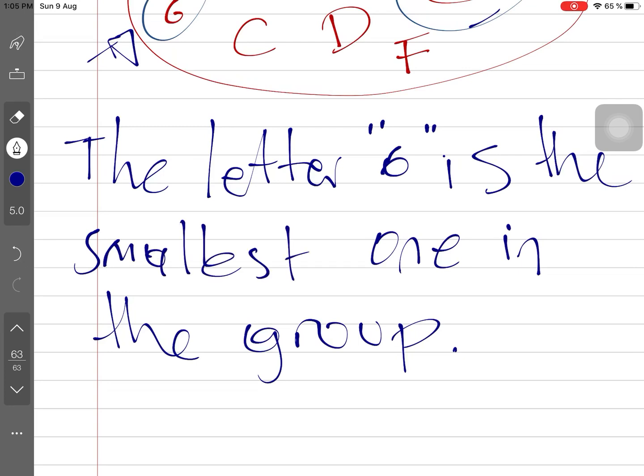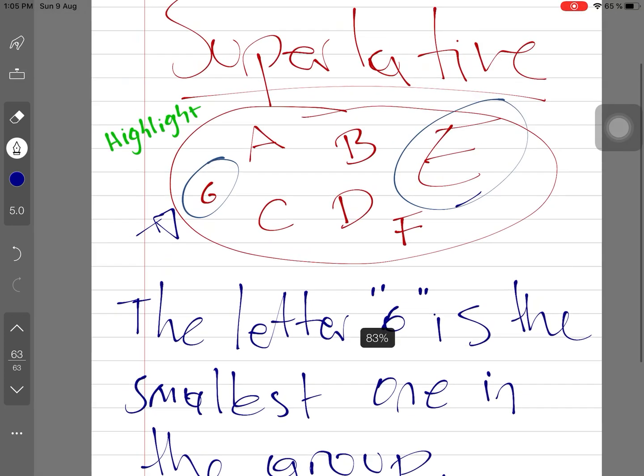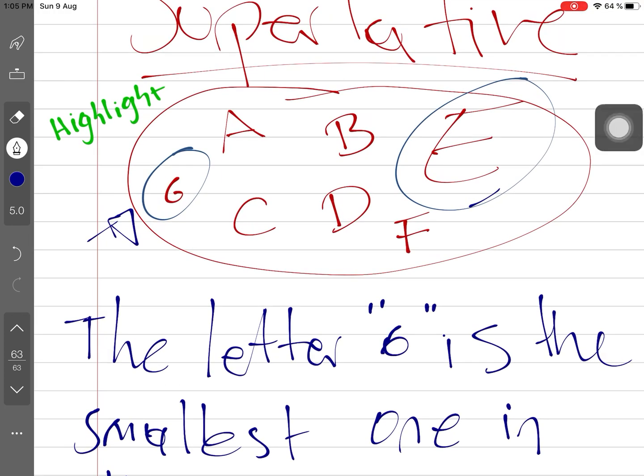Yes, because it's too small in the group. Look at this, the others are bigger than it, but this one is the biggest one in the group. And here is the smallest in the complete group.